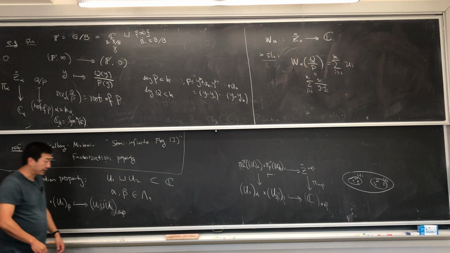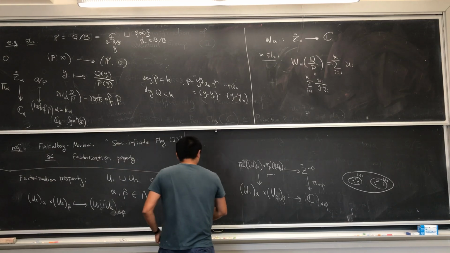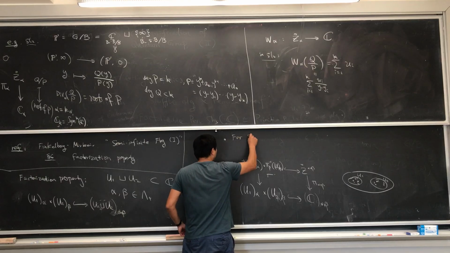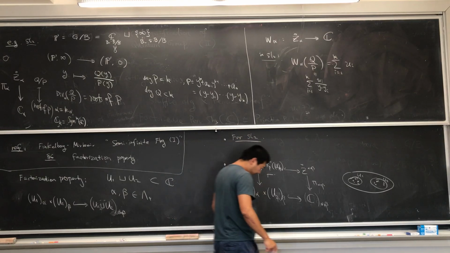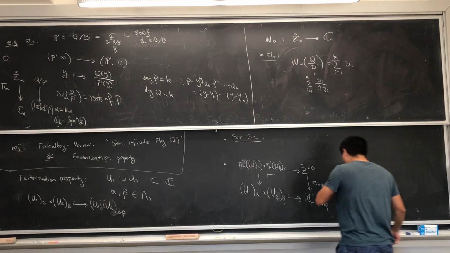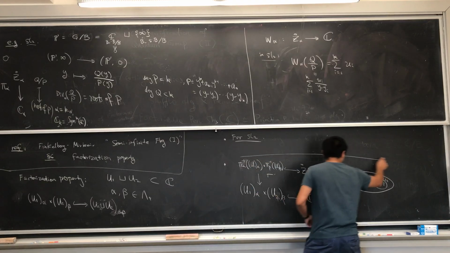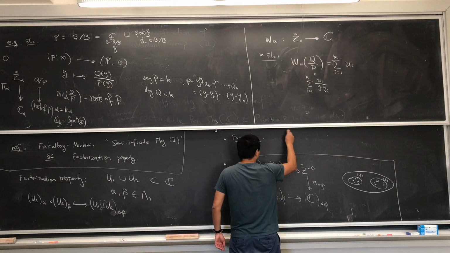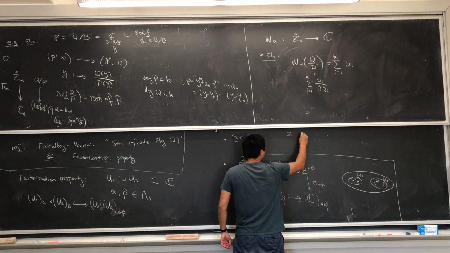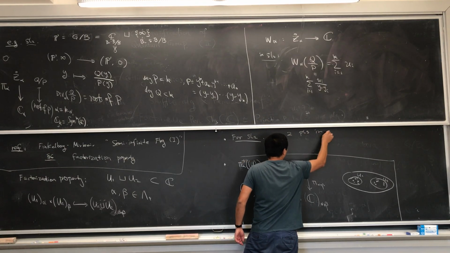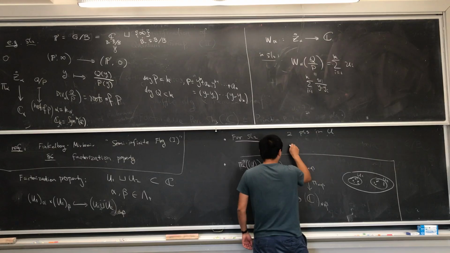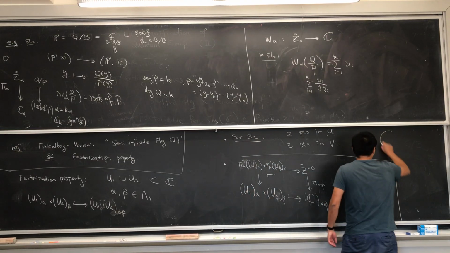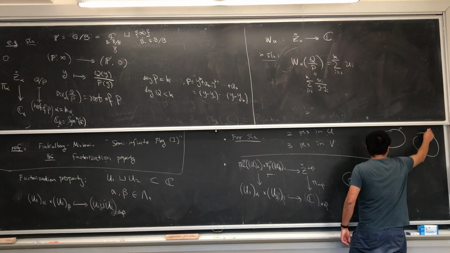Concretely, let's say what's going on here for SL2. Suppose you have, say, 2 points in U and 3 points in V, and U and V are some disjoint open subsets.